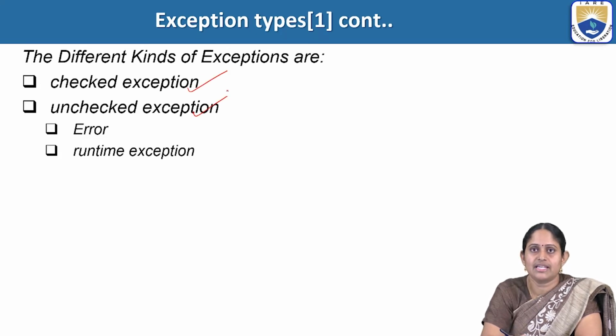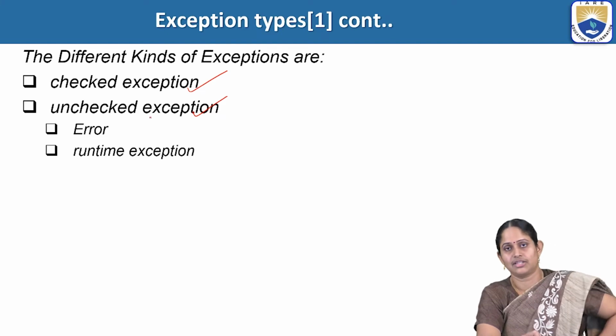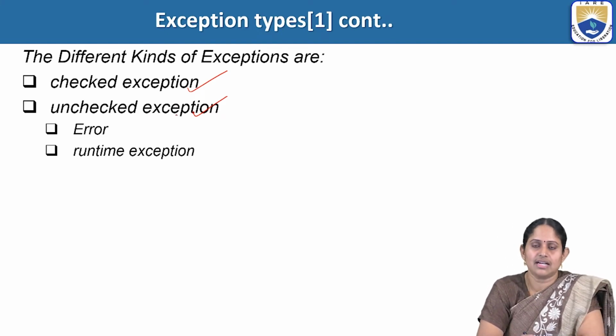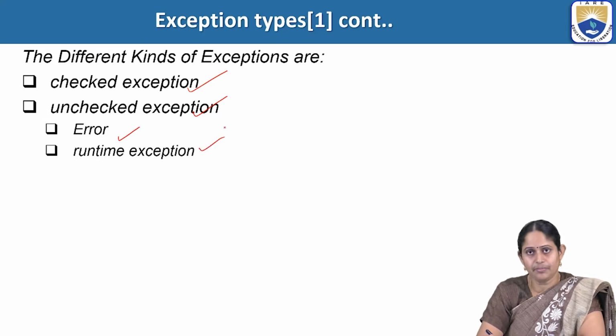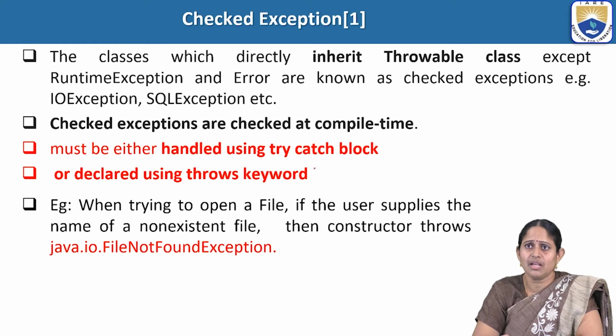So basically there are two types of exceptions: checked exceptions, which are checked at compile time, and unchecked exceptions, which are checked during runtime. Under these unchecked exceptions, we have Error and the runtime exceptions. We will look into the details in the coming part.